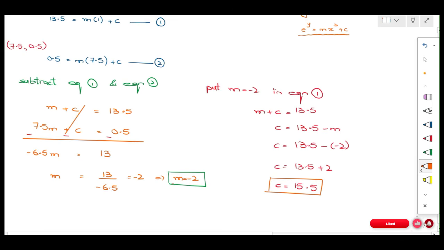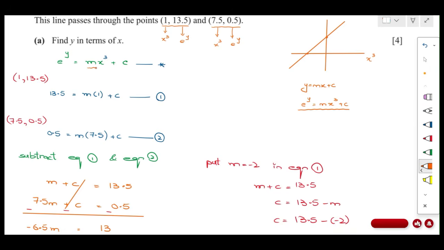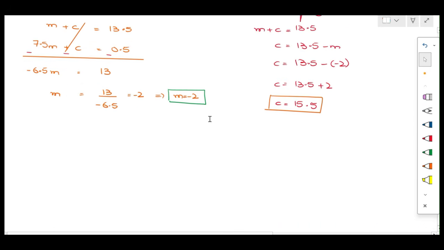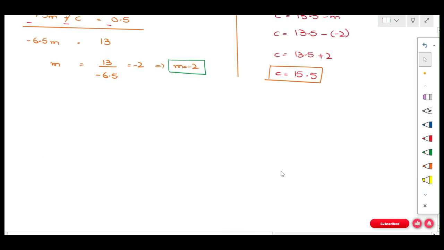We have c and we have m. Just plug these two values into your equation. The m over here and the c over here. Okay. Let me separate this. Okay.